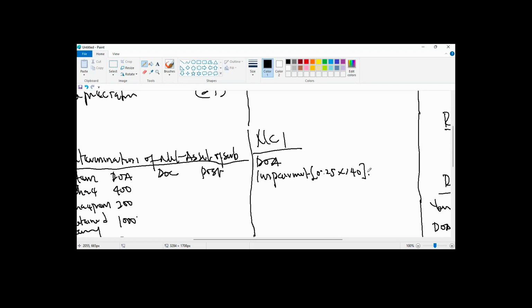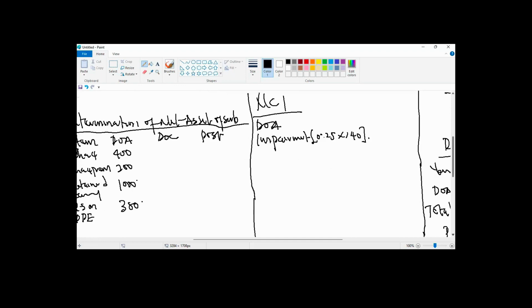Then I'll get the net assets. Now they've given me goodwill attributed to NCI. Anytime they give me goodwill attributed, I said we have two options. Option one, you can get the goodwill of the parent using the share proportionate method.